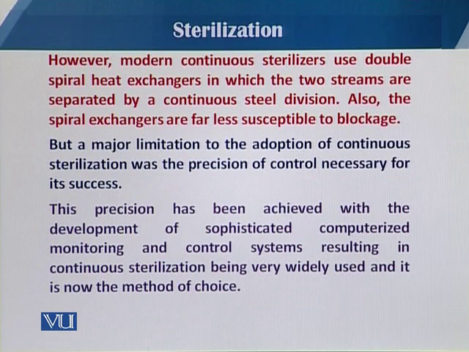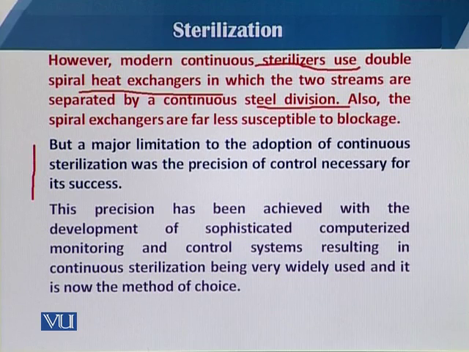The modern continuous sterilizers are double spiral heat exchangers in which the two streams are separated. Where there was a chance of mixing of the sterilized and unsterilized streams, the modern sterilizers have double spiral heat exchangers in which the two streams are separated by continuous steel divisions. The spiral exchangers are far less susceptible to blockage.